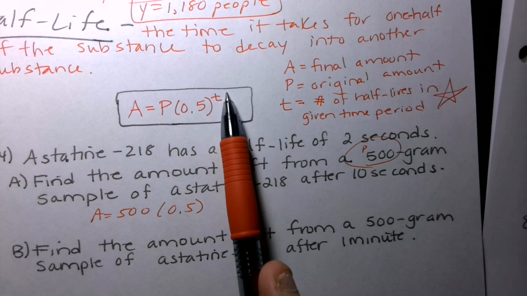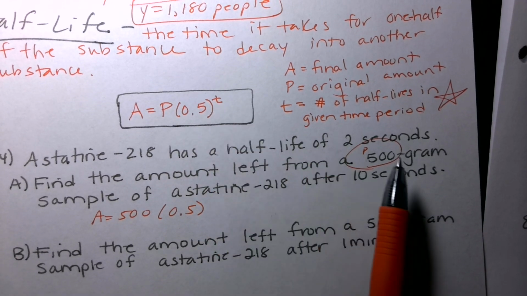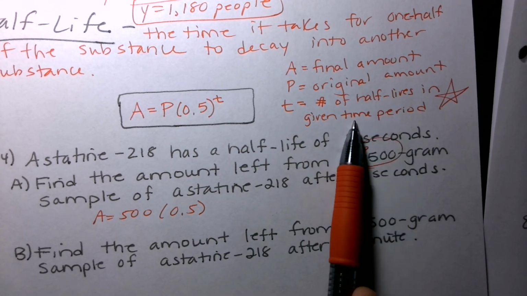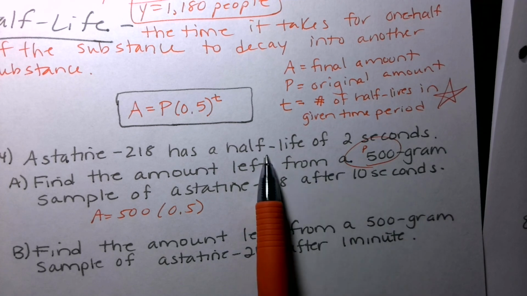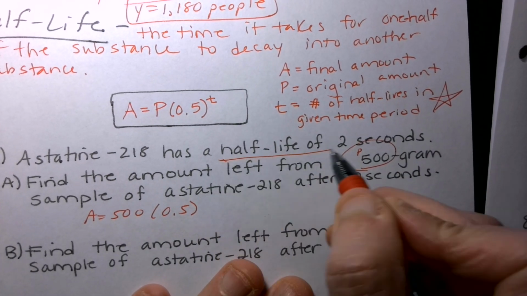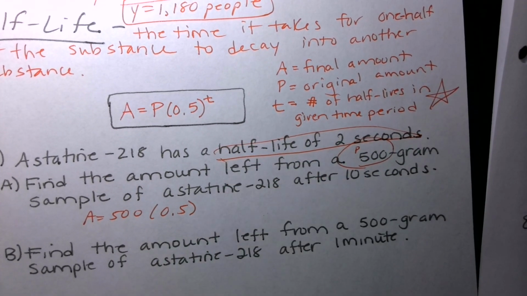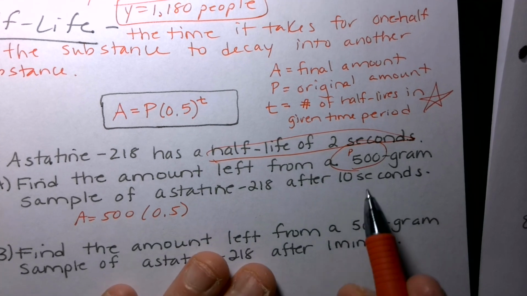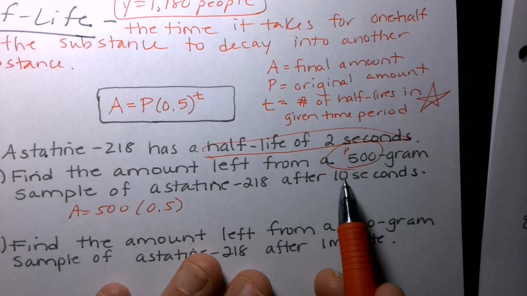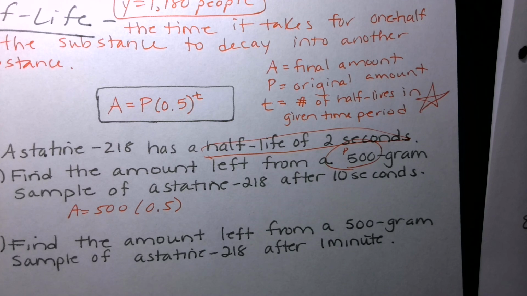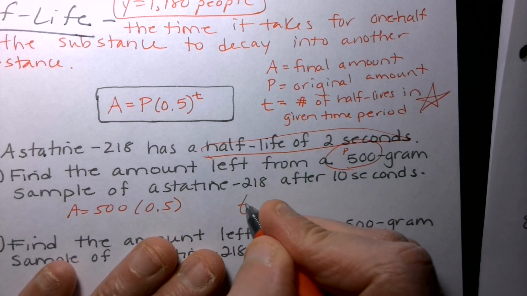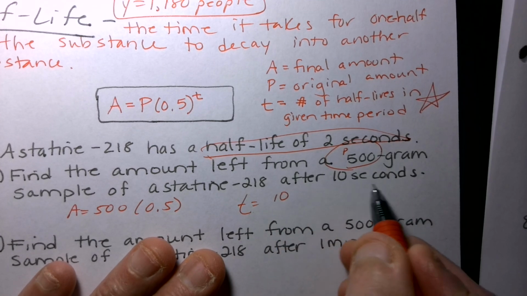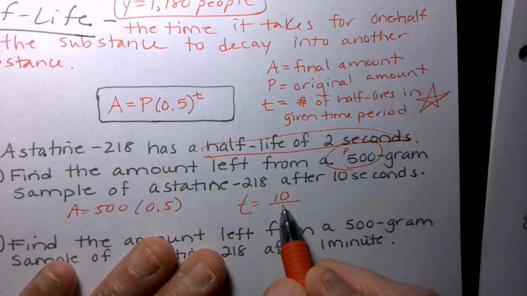And we have to figure out the t. Now remember, the t was the number of half-lives in a given period. Well, here it's saying one half-life is 2 seconds. That's one. And they're saying, okay, we went by 10 seconds. So how many half-lives are there? So you have to take that 10 seconds, that total amount of time, and divide it by the 2.